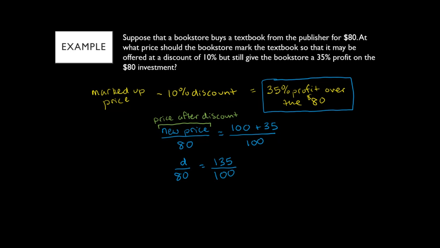So we're going to solve this, and this is going to give us the discounted price, which is halfway to what we need. So we're going to have one diagonal that we multiply together. That's going to give us 100D. And then we're going to multiply 80 by 135, which is $10,800.